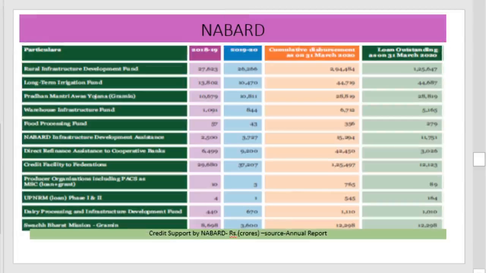The major items include the Rural Infrastructure Development Fund, the Long-Term Irrigation Fund, Pradhan Mantri Yojana schemes, Pradhan Mantri Awas Yojana, then warehouse infrastructure facilities, food processing industries, NABARD infrastructure development assistance, etc. Among these, the major portion goes to the credit facilities to the federations. That is nearly 29,680 crores, followed by the rural infrastructure development fund or the project, etc.